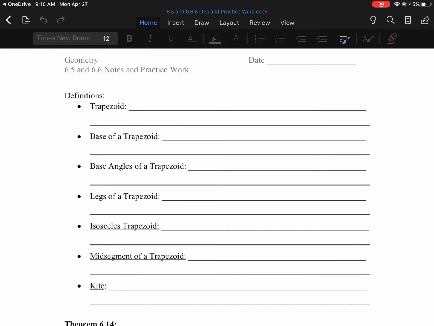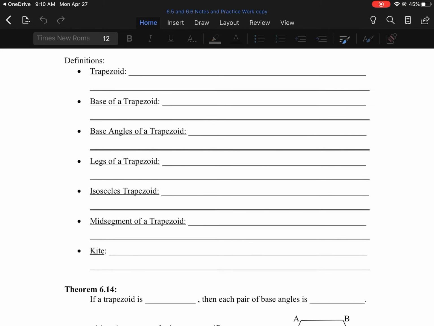Today's lesson is section 6.6, where we're going to discover and learn all about trapezoids and kites. We do have several definitions, so let's get started.